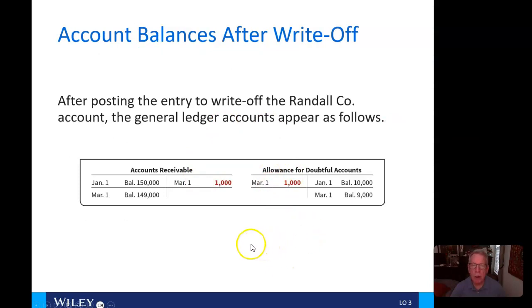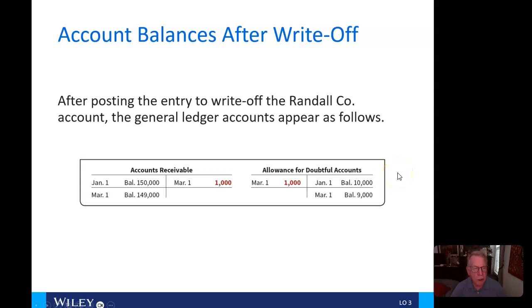Now, here is how it would look in general ledger account format. Here is our accounts receivable. We're going to write this off and away we go. Now, I should point out that initially we had $150,000 of accounts receivable, and initially we forecast that 10,000 of it would be uncollectible.